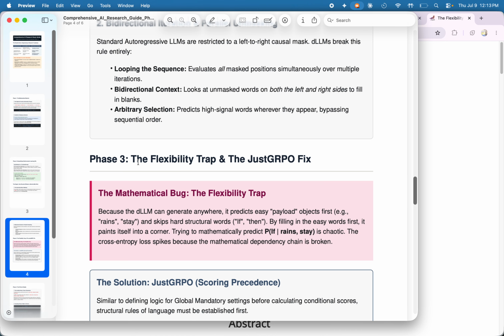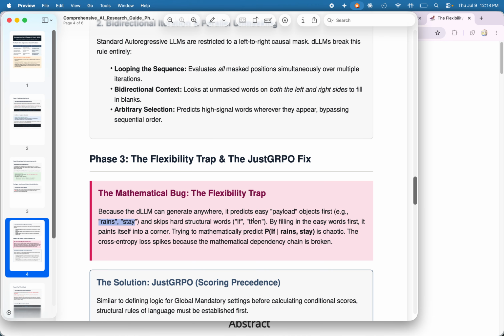The third one is the flexibility trap and the d1 GRPO fix. The mathematical bug is the flexibility trap. Because the DLLM can generate anywhere, it predicts the easy payload objects first.